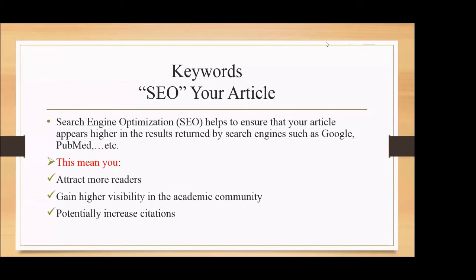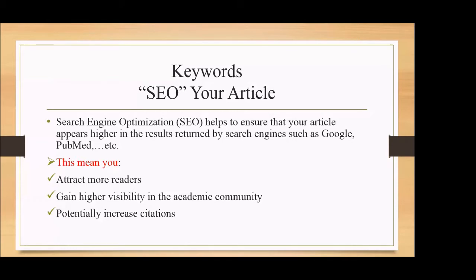People will cite your work. For example, if I'm conducting research about flipped classroom, and I search for flipped classroom in Saudi Arabia, these are my keywords: flipped classroom, Saudi Arabia. Then all the articles will appear.